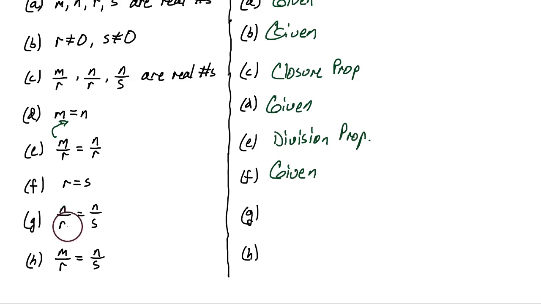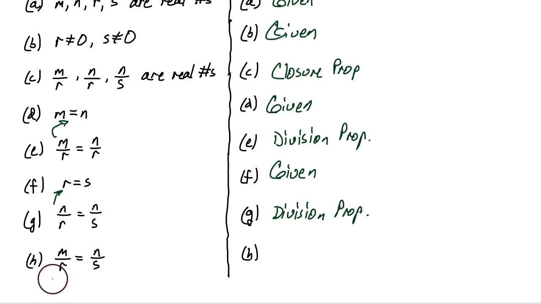Statement G. Why can we write n divided by r equals n divided by s? That's the division property again. Because we had just said that r was equal to s, then this is an example of an equation where both sides have been divided by equal things.